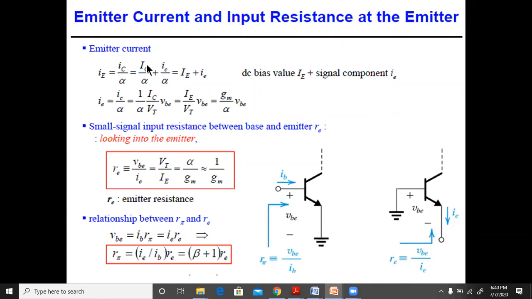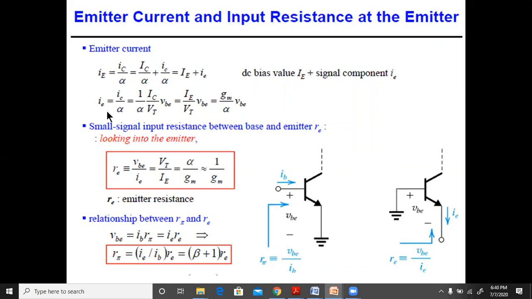IE equals IC by alpha. This is the DC current, and this is the AC value of the current or signal component, whereas this is instantaneous. Both this and this are instantaneous. This is DC and this is the signal component. And this is nothing but the DC value of the emitter, and this is the signal value of the emitter.